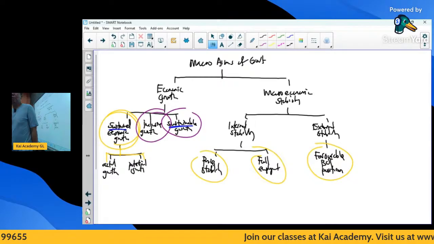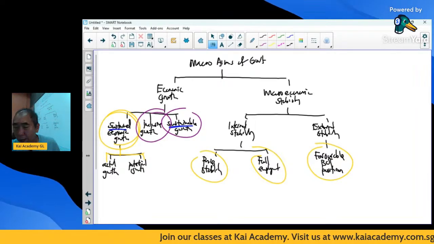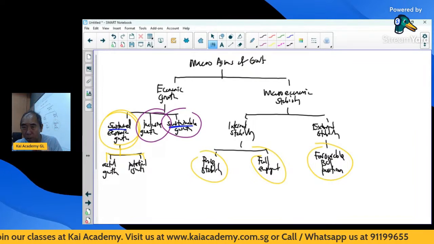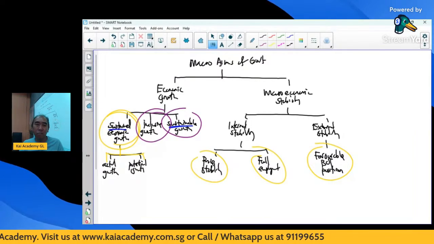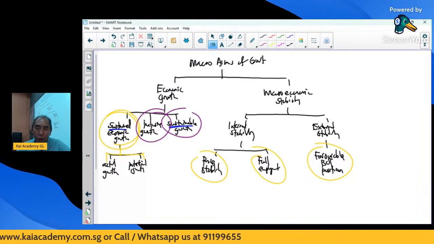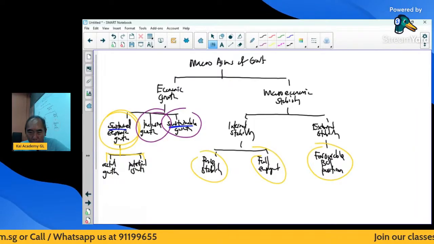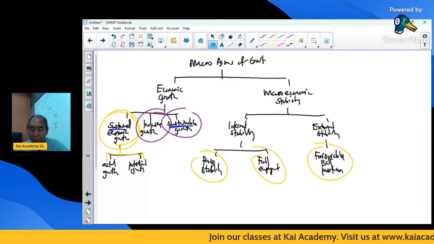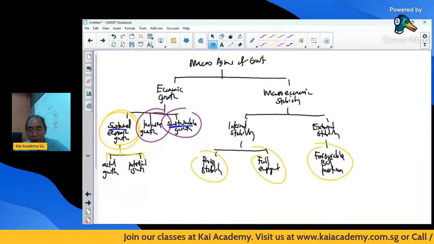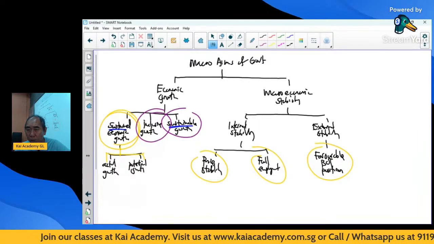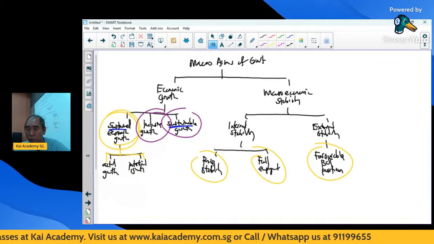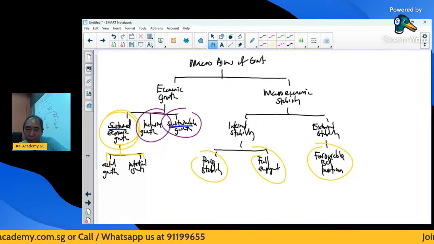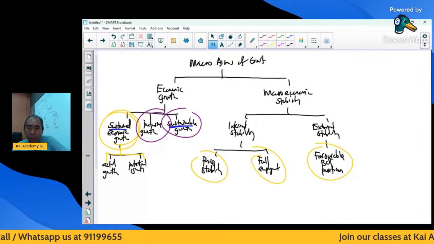The general rule for the exam is this: if they don't ask for sustainable growth or inclusive growth explicitly, then you don't talk about it. You don't bring up the two concepts if the question doesn't bring them up. If they bring it up in the question, you talk about them. If they don't mention the term sustainable or inclusive growth, you also don't need to mention them. That's a very simple rule to follow. If they just say macro aims of government, then stick to the 4 yellow circles.